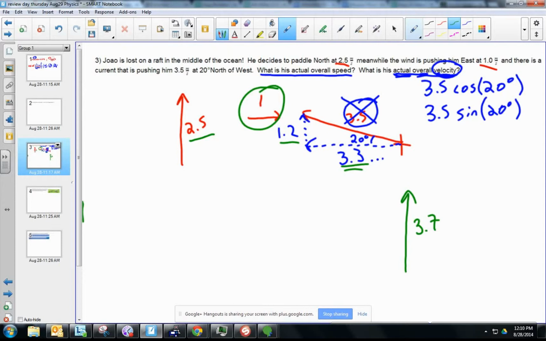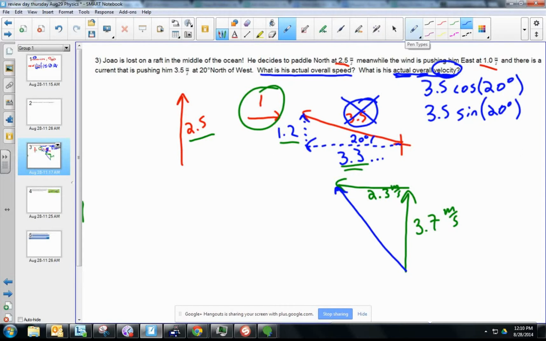So we'll end up going 2.3, because they cancel. So we end up with a 2.3 west. And these are both meters per second. I've been lazy not putting units on here. I really should have units. Okay? And so now we need to get this.